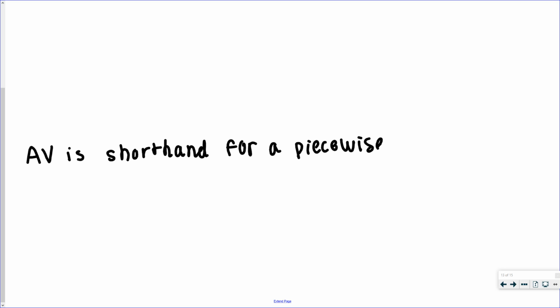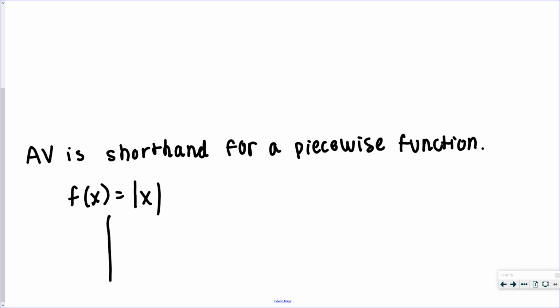So absolute value functions are actually a shorthand for piecewise functions. So if I have just plain old parent function, the absolute value of x, okay, we know what the graph looks like.